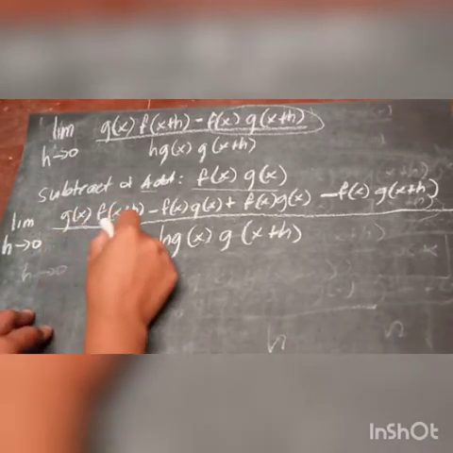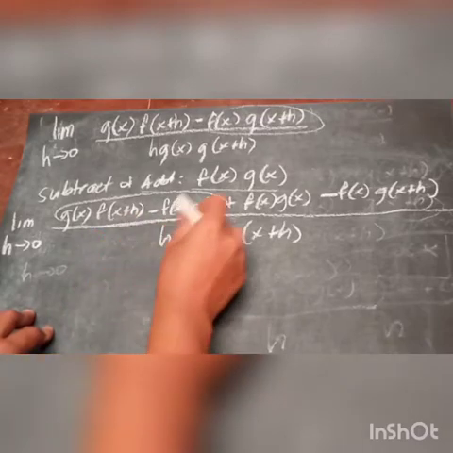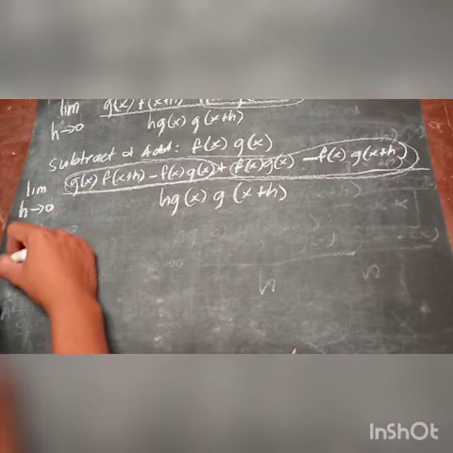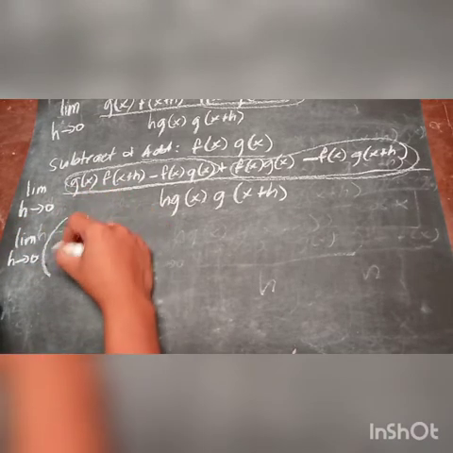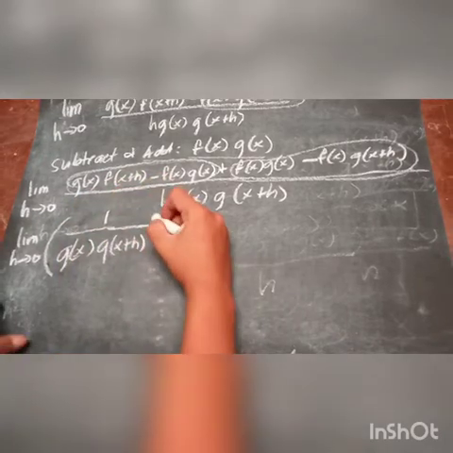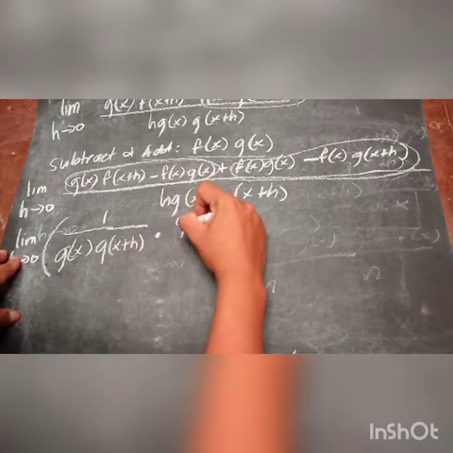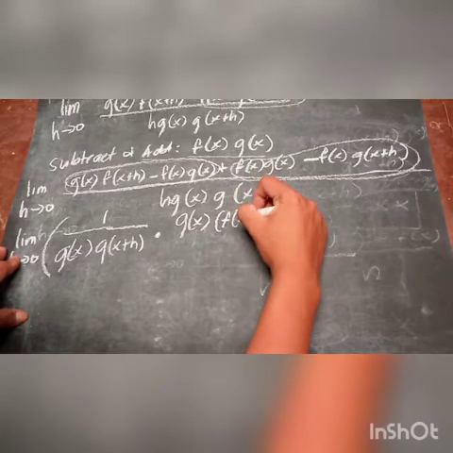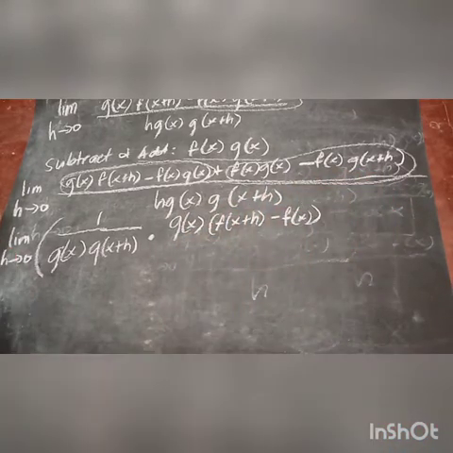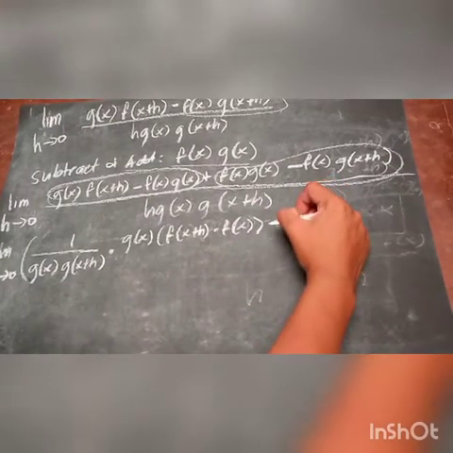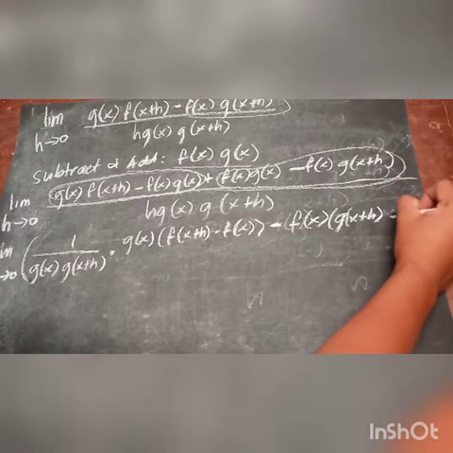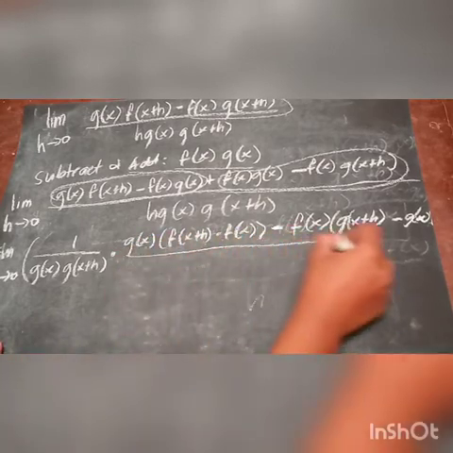We will now factor out g of x from the first pair and f of x from the second pair. So we have the limit as h approaches 0 of 1 over g of x times g of x plus h, times g of x times f of x plus h minus f of x, minus f of x times g of x plus h minus g of x, all over h.